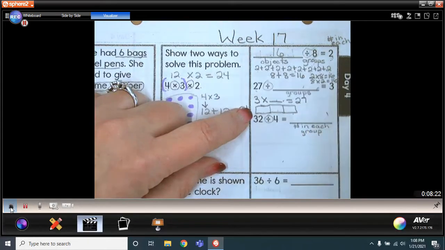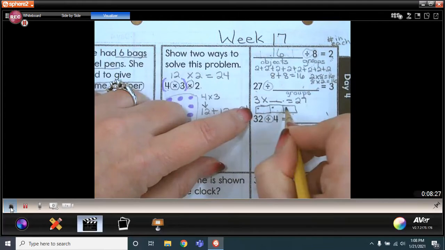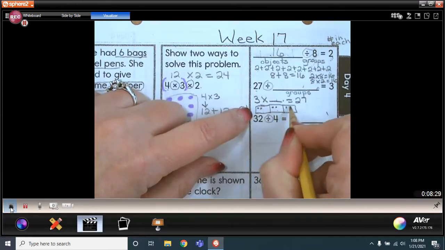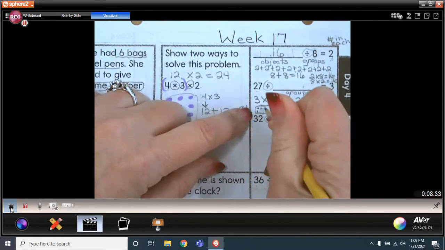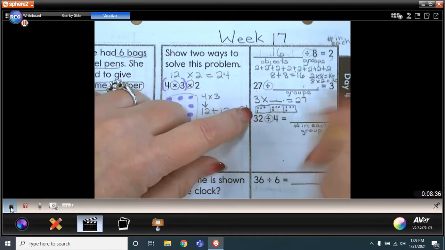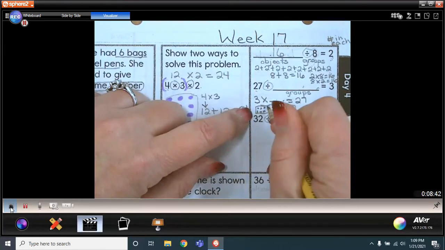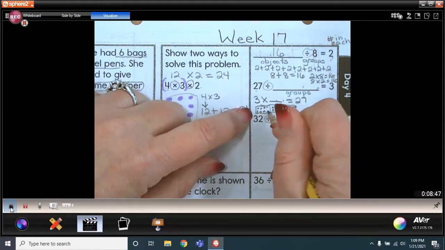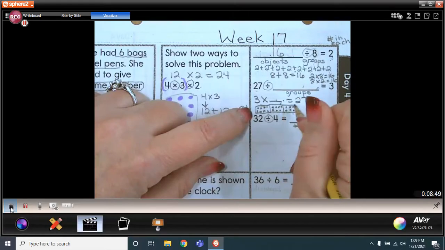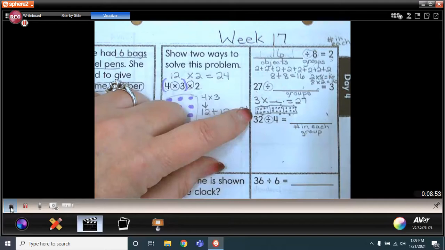So if I start putting objects into groups, 1, 2, 3, 4, 5, 6, 7, 8, 9, 10, 11, 12, 13, 14, 15, 16, 17, 18, 19, 20, 21, 22, 23, 24, 25, 26, and finally 27.